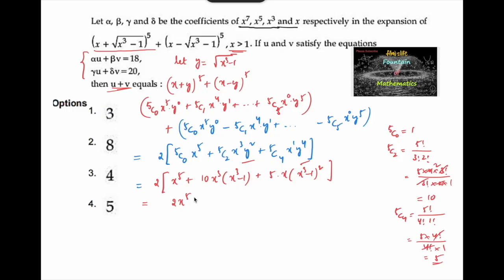So 2x power 5, and here we can write 2 times 10 times of x to the power of 6 minus 10 times of x power 3, and here 5 times of x to the power of 4. So this term we can write x power 3 minus 1 whole square, x power 6 plus 1 minus 2 times of x power 3 into x. So we can write 10 times x power 7, and again plus 5x, sorry 10x, and again here 2 fives are 10, 10 twos are 20, 20x to the power of 4.